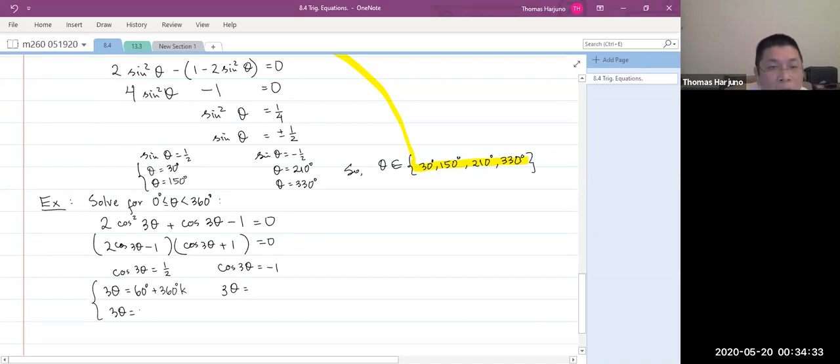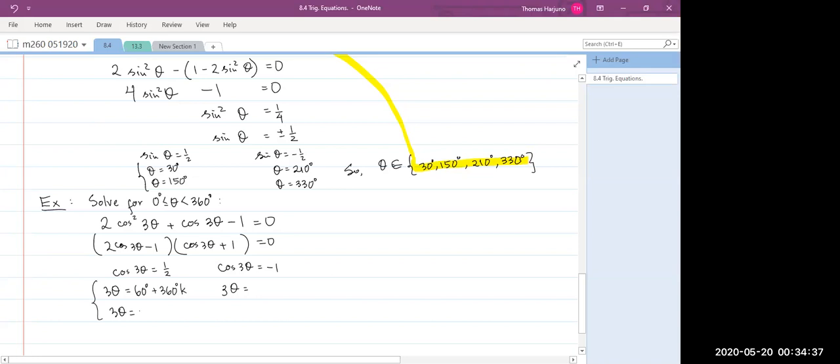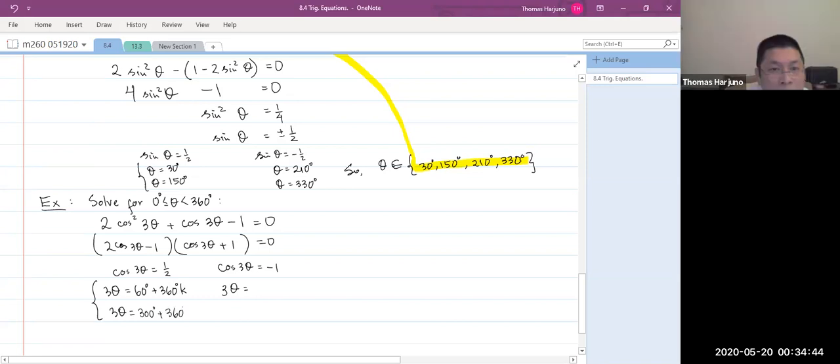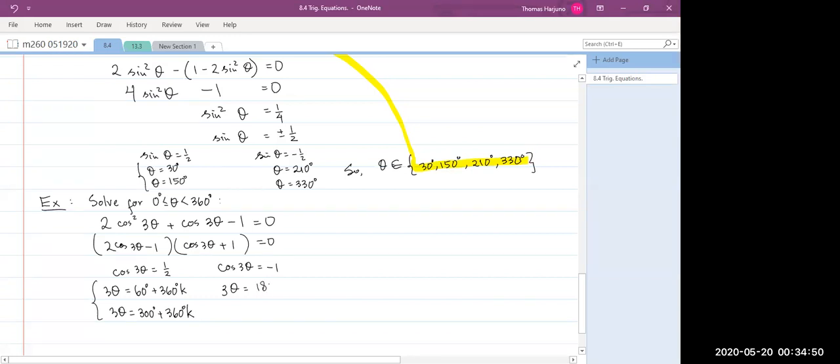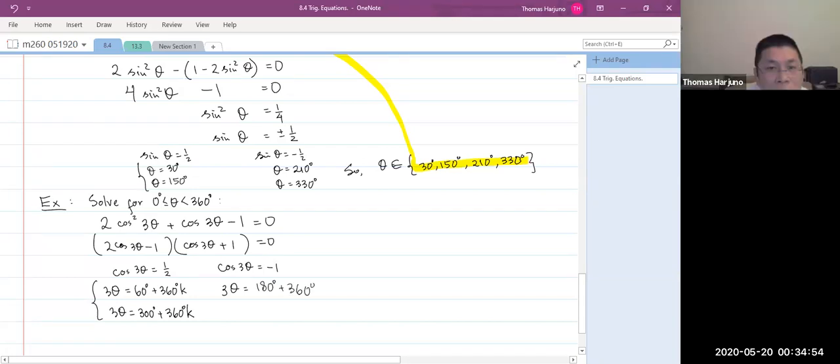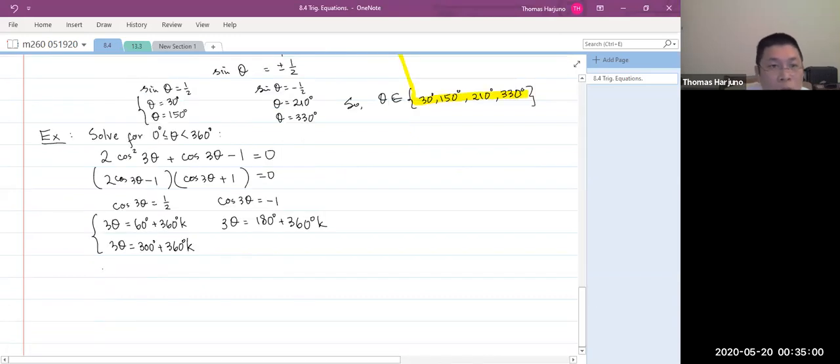And then in quadrant 4, that will be 300 degrees plus 360 degrees K. And this will be 180 degrees plus 360 degrees K. Now, so far, we almost have the general solution.